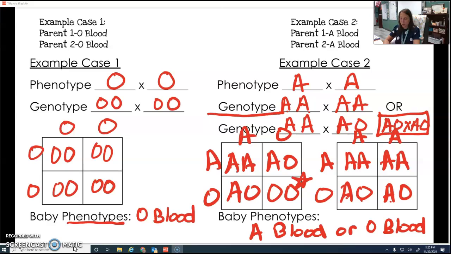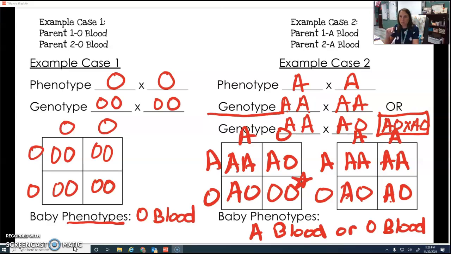So see how I had to try all the different options in order to figure that out. So if I had parents and I'm like, oh, my baby has O blood, would I know that that parent is for sure from this group? Let's say these got mixed up, right? So if both babies had O blood, they actually could have come from either parent. So that wouldn't give me enough information.